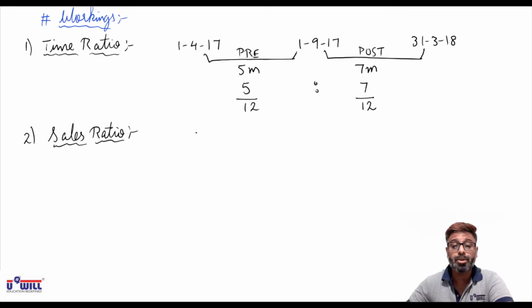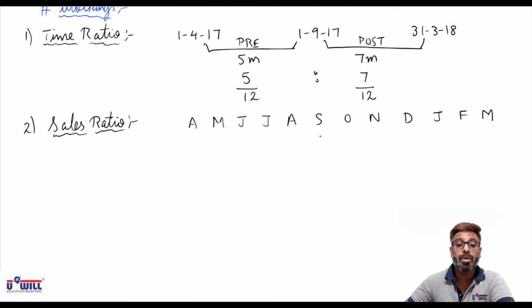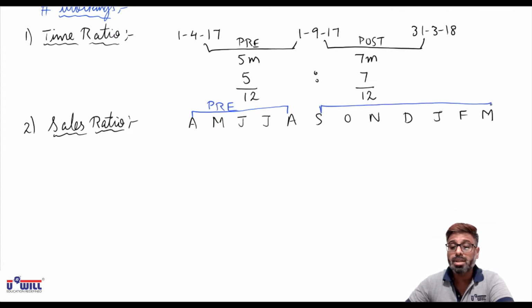Now for sales, I told you to write all the months from April to March. The first 5 months, April to August, are the pre-incorporation period, and September onwards till March is the post-incorporation period.